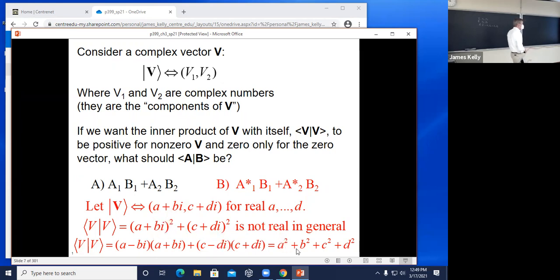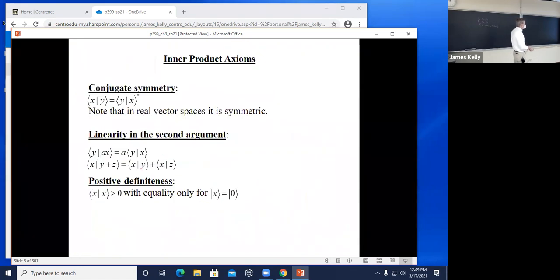It reduces down to a squared plus b squared plus c squared plus d squared, where all those are squares of real numbers. And that agrees with the fact that it has to be a non-negative real number. If a, b, c, and d are all real numbers, their squares are non-negative, so when we add them together, they're certainly greater than or equal to 0.